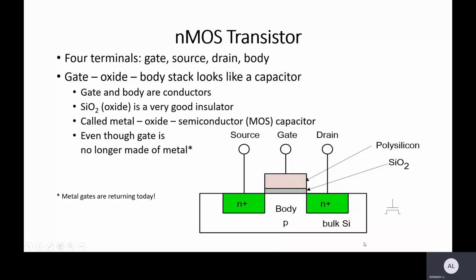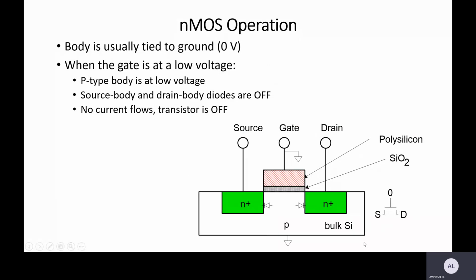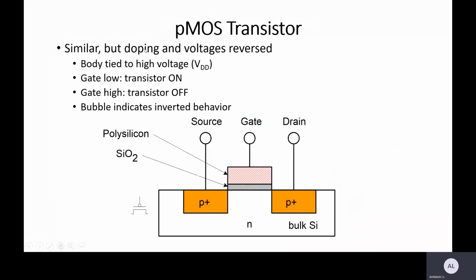Similarly, when you are talking about the PMOS transistor, you can see that both doping and voltages are reversed. The body is tied to high voltage. With gate low the transistor is on, and with gate high the transistor is off. That is the operation, but we're talking about the construction.